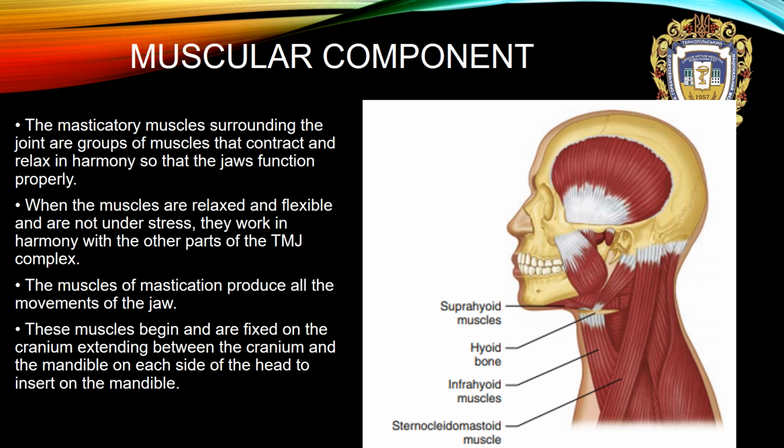Next part, the muscular component. The masticatory muscles surrounding the joint are groups of muscles that contract and relax in harmony so that the jaws function properly. When the muscles are relaxed and flexible and are not under stress, they work in harmony with the other parts of the temporomandibular joint complex.